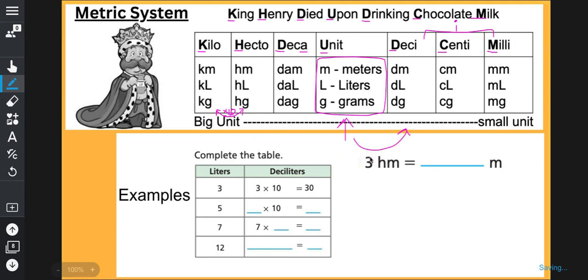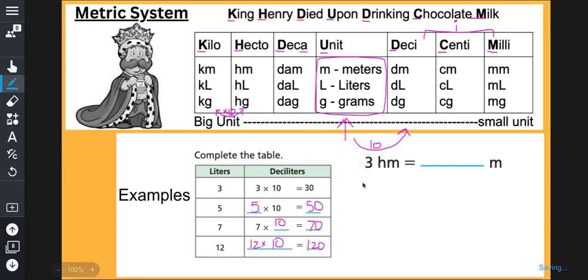That is one spot, so that is 10. Deciliters is 10 times smaller than liters. So if I want to find the conversions, I'm going to take the 5, I will times it by 10, and I get my amount of 50 deciliters. I have 7 liters, I take my 7, I times it by 10, and I get 70 deciliters. I have 12, I times it by 10, and I get 120 deciliters.